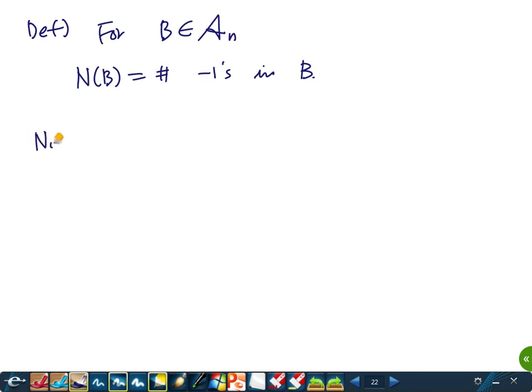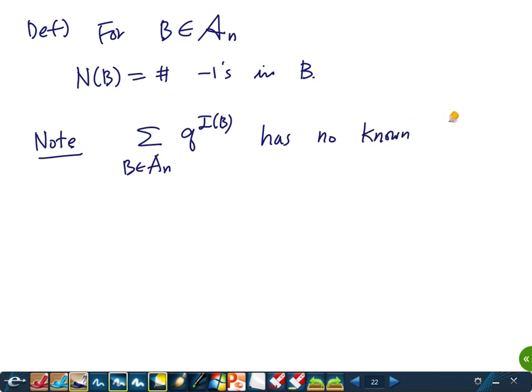So let me note this. For permutation matrices, we had a nice formula for this. For alternating sign matrices, this has no known formula. Maybe it doesn't have a nice product formula.